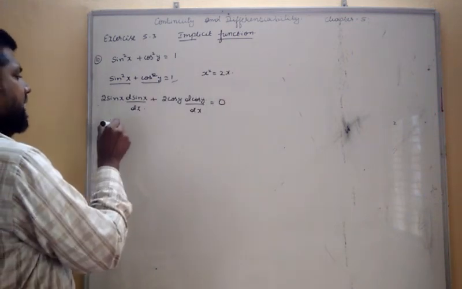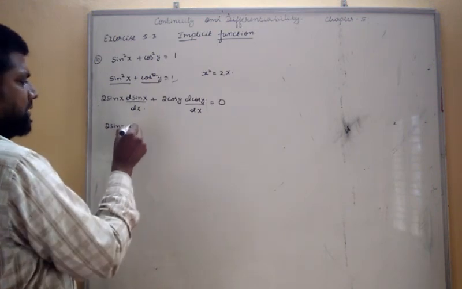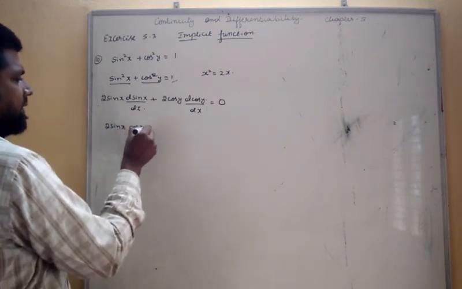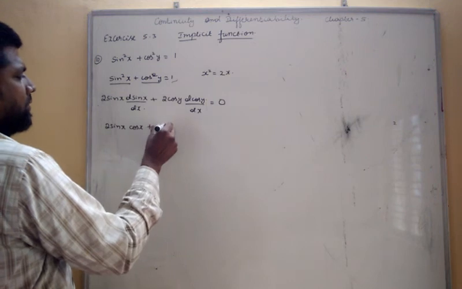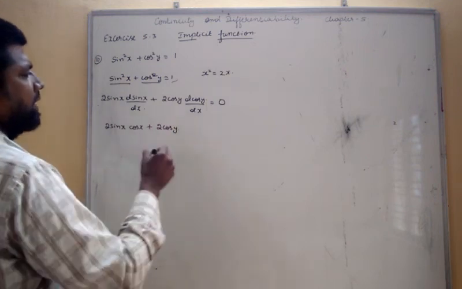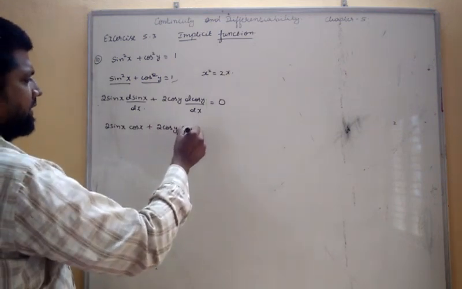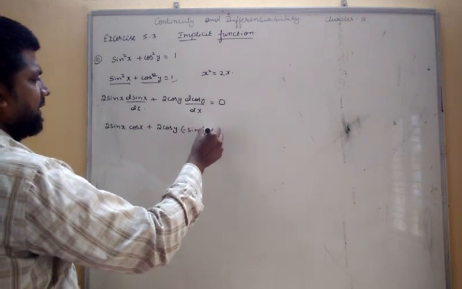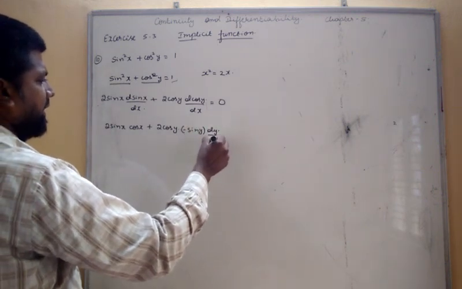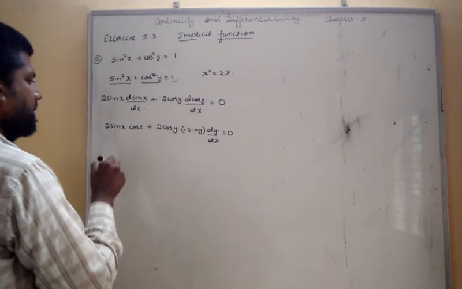So 2 sin x, sin x differentiation is cos x, plus 2 cos y. Differentiation of cos is minus sin y. Again y gives dy by dx, is equal to 0.